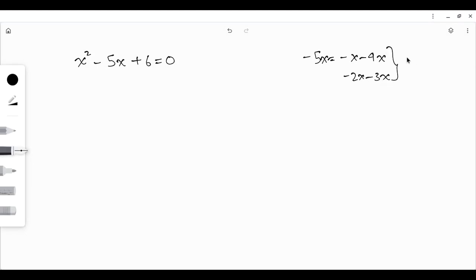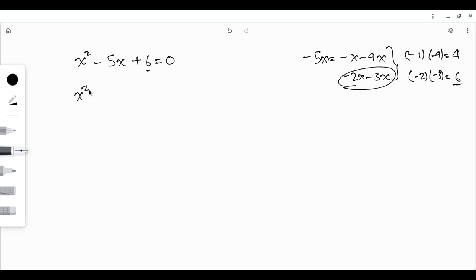So which of these is going to work? It turns out that this one is the one that's going to work. And the reason is, if you notice the numbers here, negative 1 times negative 4 is 4. But negative 2 times negative 3 is 6. And the 6 appears here. So there is a connection.